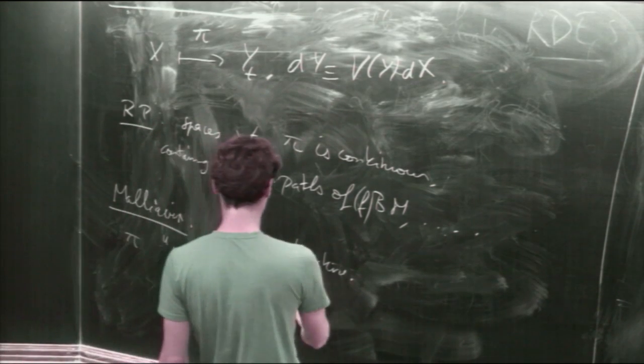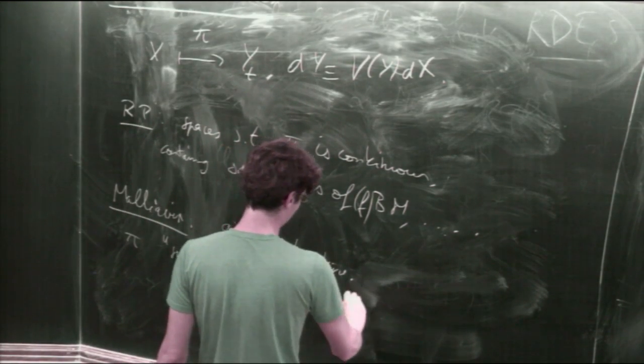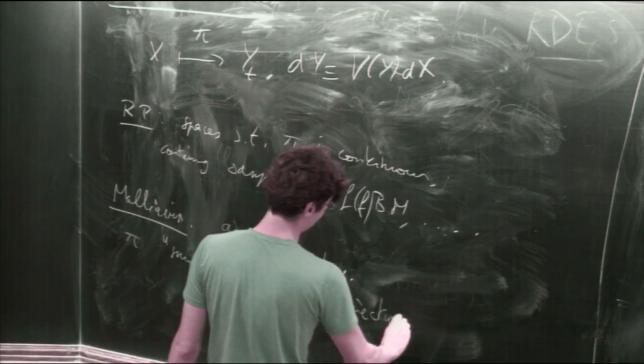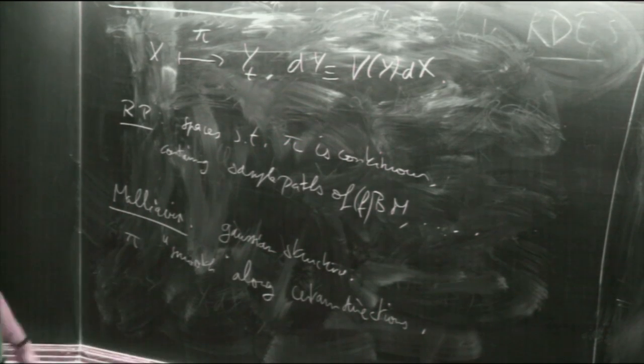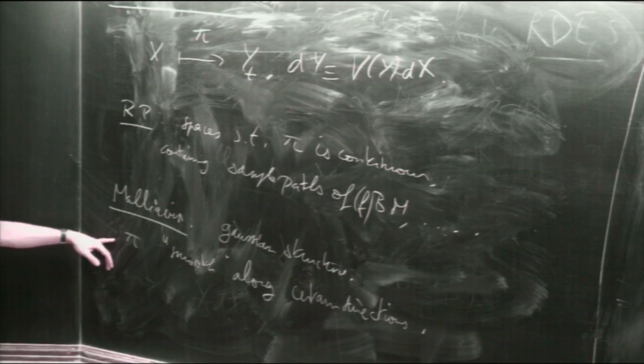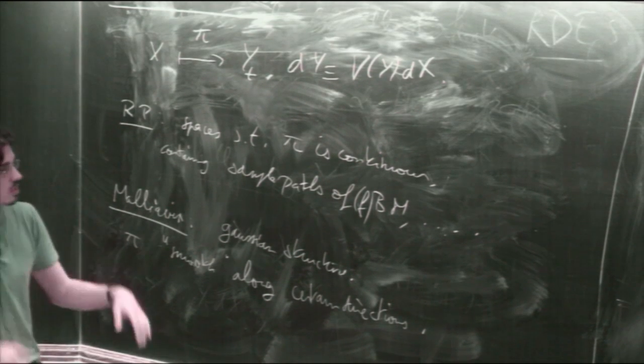It's going to be smooth along certain directions, which are the Cameron-Martin directions. I will explain this a bit. And you need some structure, so for instance, it's not going to be smooth everywhere, but only on a set of full measure, etc.